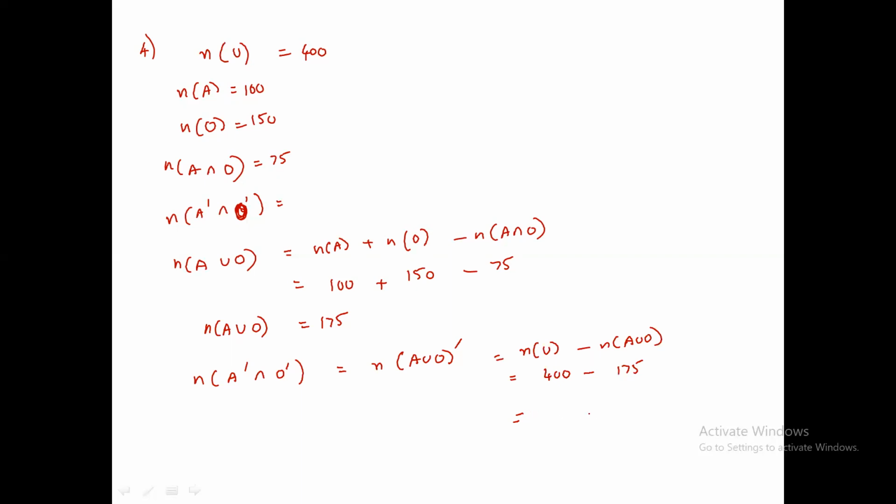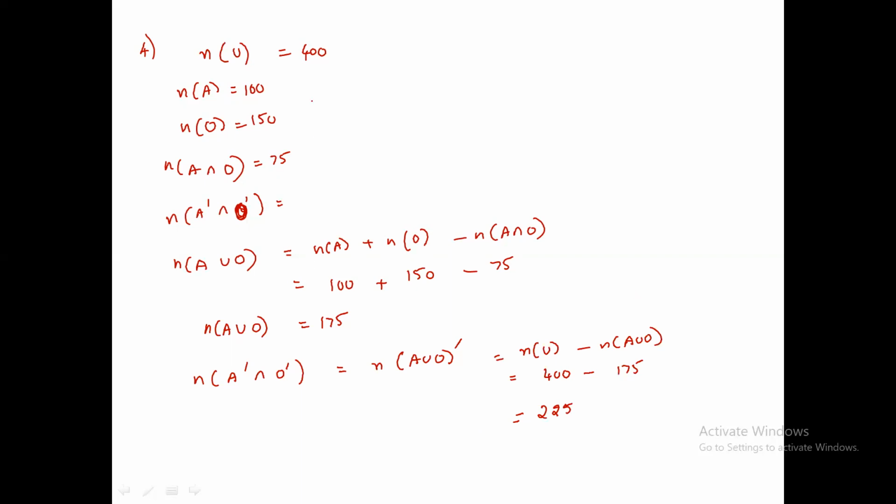So 10 minus 5, 5, 9 minus 7, 2, 3 minus 1, 2. So I will have 225 students who drink neither apple nor orange juice.